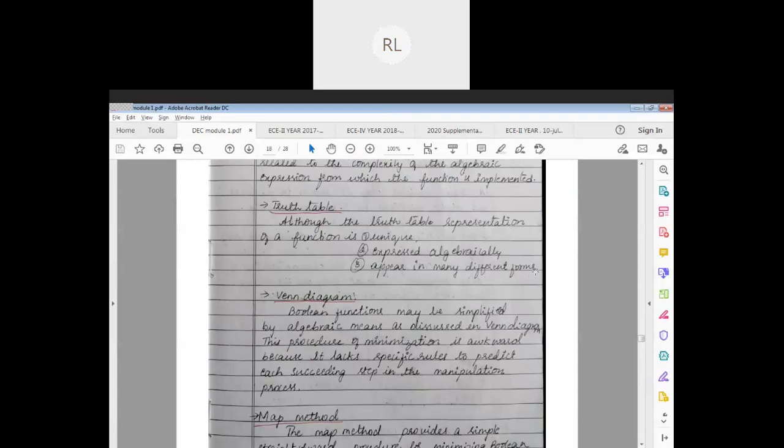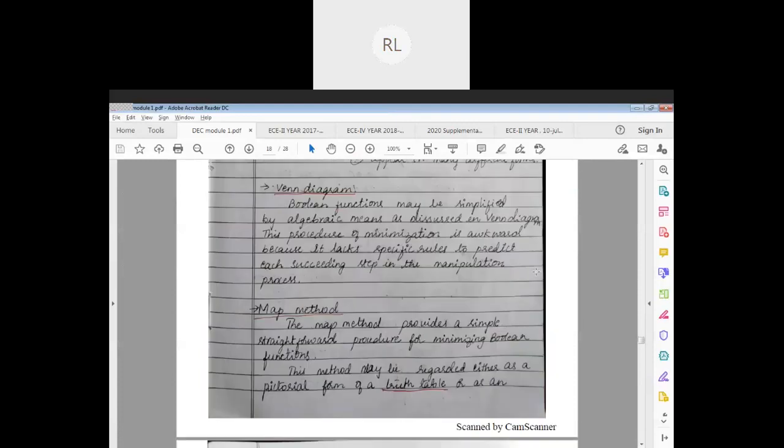So truth table. Although the truth table representation of a function is unique, expressed algebraically, functions appear in many different forms. We can even use Venn diagrams.